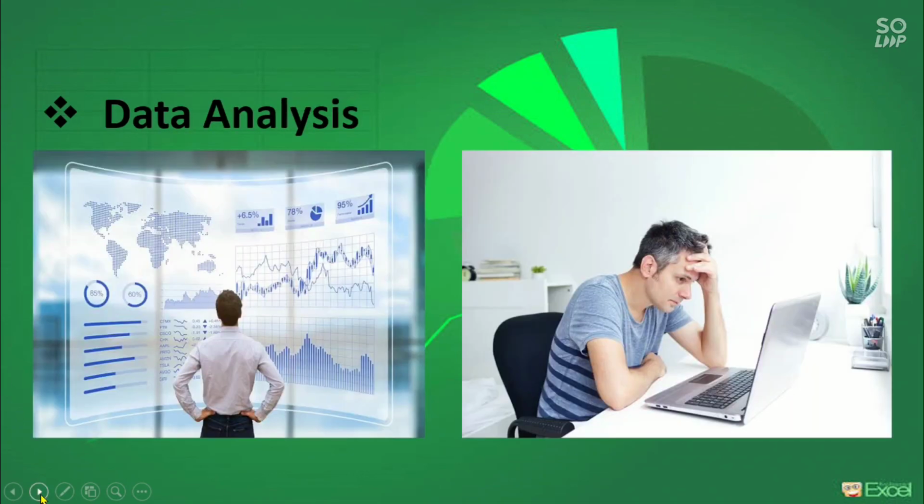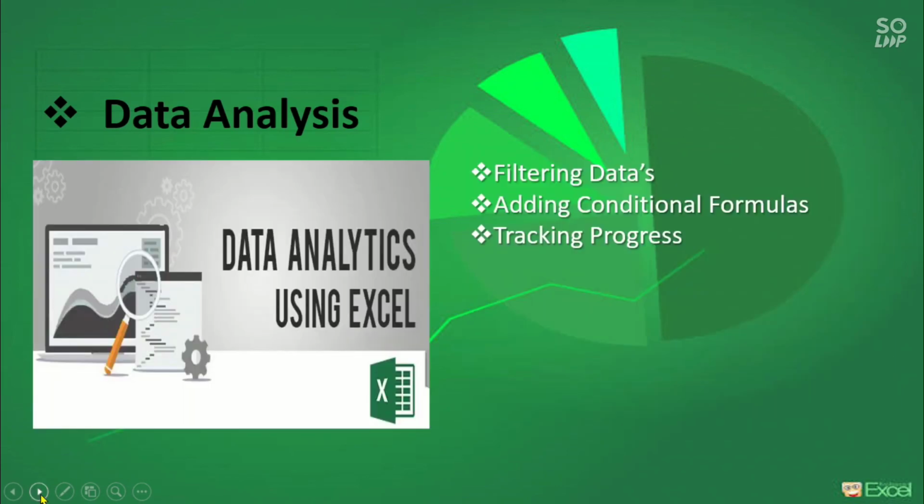In the field of data analysis, it is the main reason why we are using Microsoft Excel. In education and in business, the main function of Excel is to analyze data. There are three categories here: filtering data, adding conditional formulas that are related to our purpose, and tracking progress.